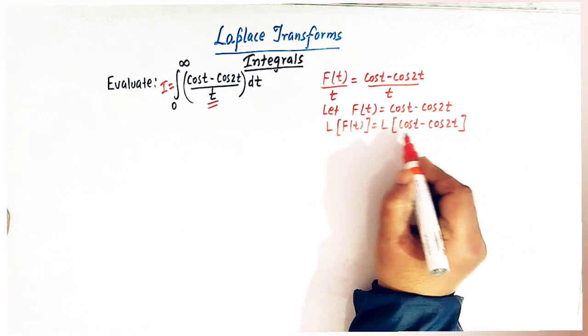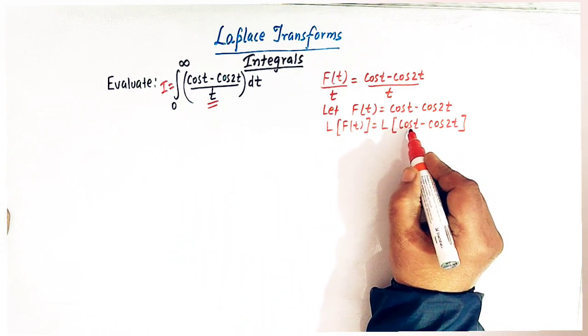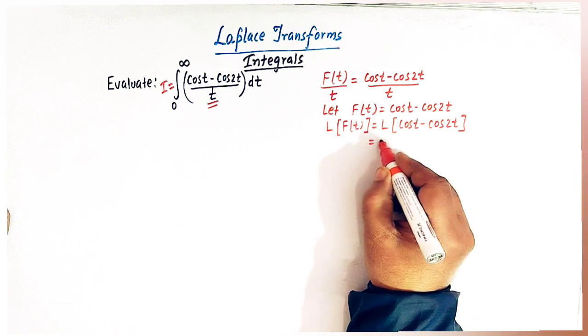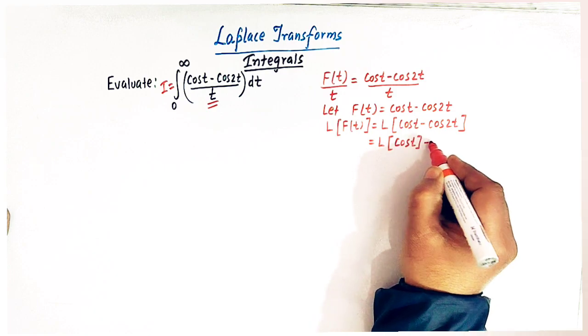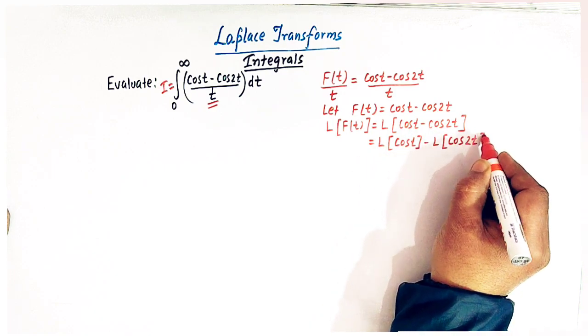And now by the linearity property of Laplace transforms of two functions associated with negative sign, we have L of cos of t minus L of cos of 2t, right?